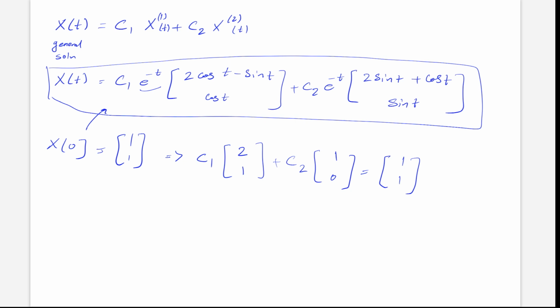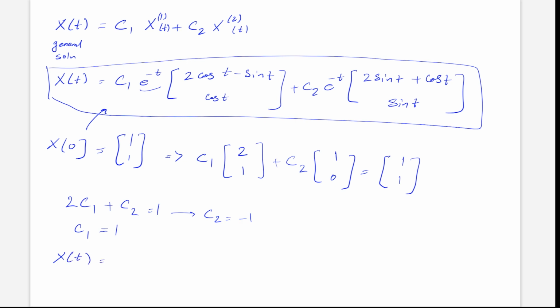It is easy, and from here we can clearly see that 2c1 plus c2 is equal to 1, and c1 will equal 1. So from here as well, c2 will be minus 1. So we found it.